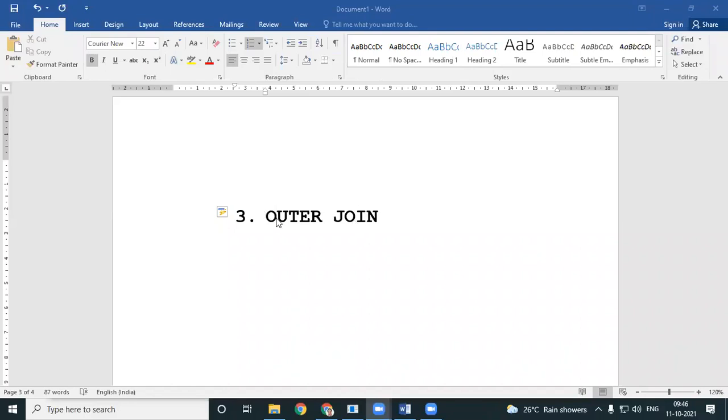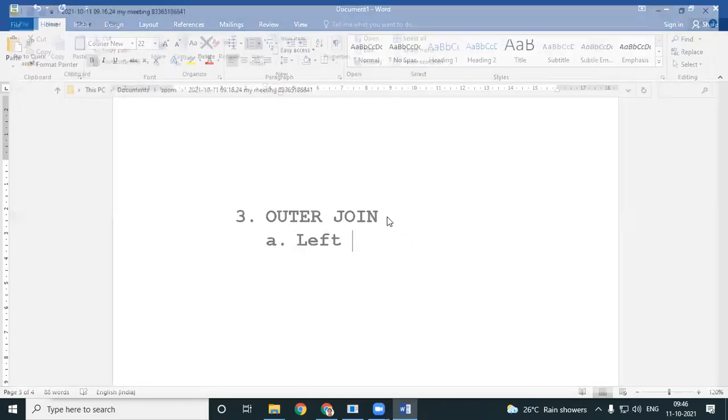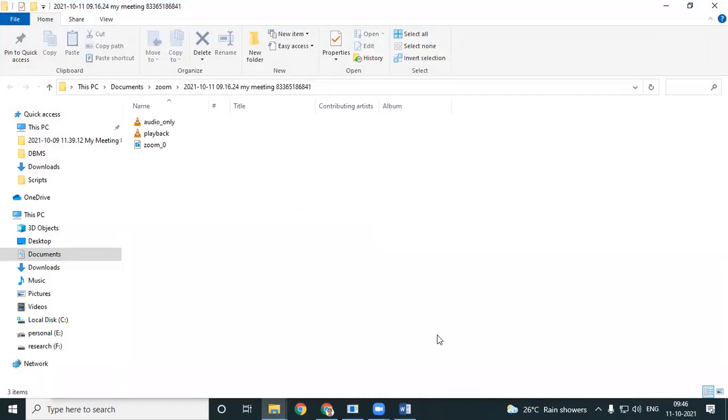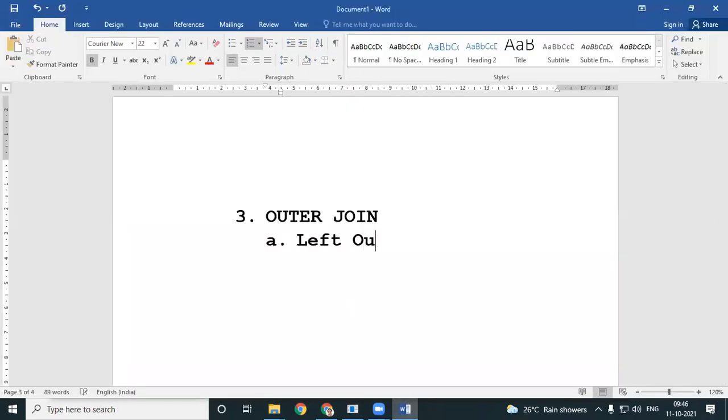Now, we'll go into the third kind of join called outer join. Now, this outer join, it is of three types. You say left outer join, right outer join, and full outer join.